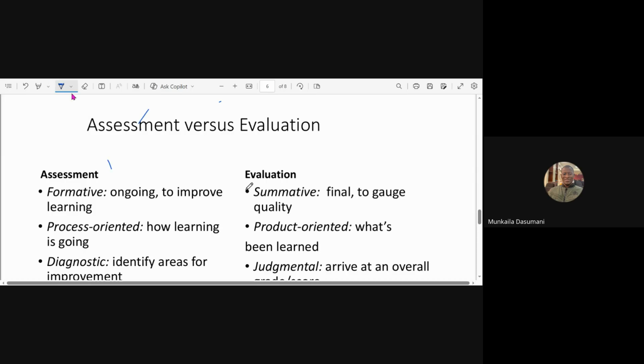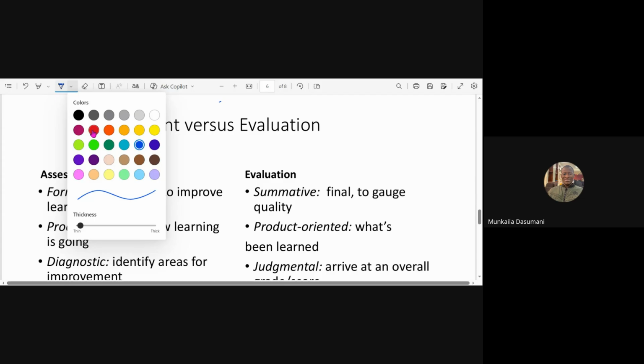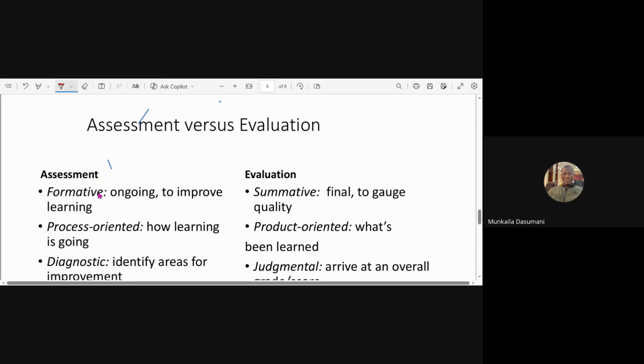The first one is formative. So assessment is actually a formative process, ongoing. You keep on doing it. As I said, it should be ongoing, but the evaluation should be summative, final, to gauge quality.